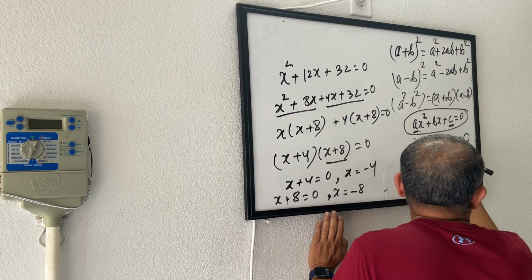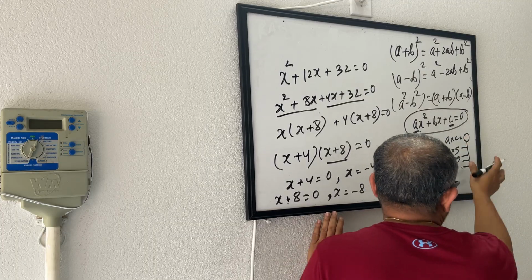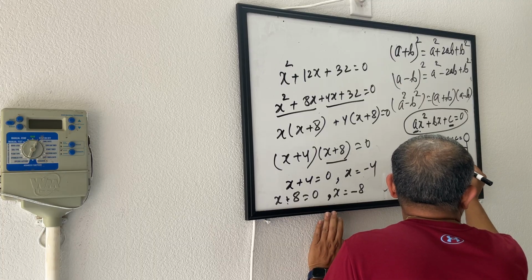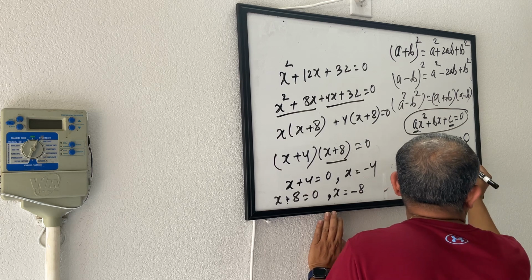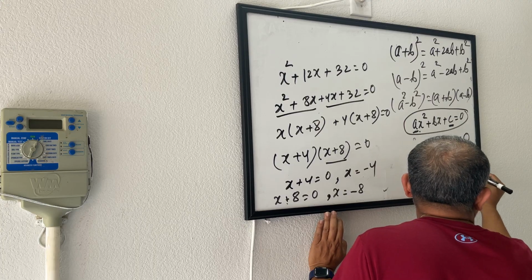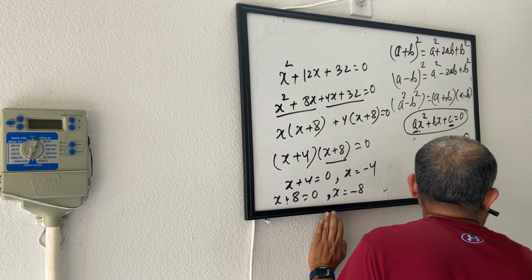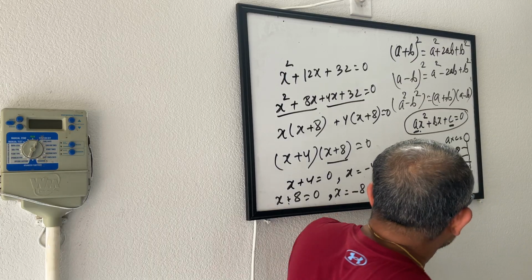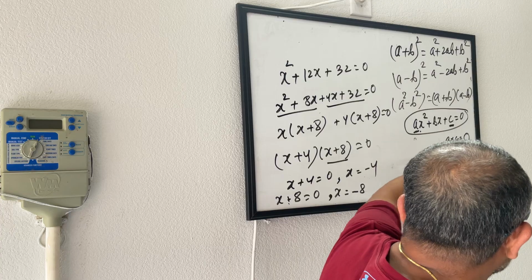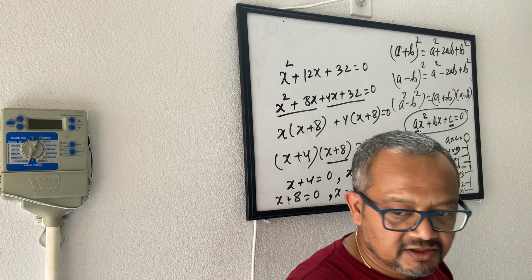Let's say 36: 4 into 9, 9 into 4, 6 into 6, 12 into 3, 18 into 2, or 36 into 1. Nothing is tricky.